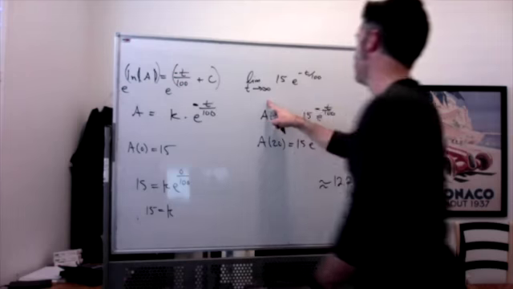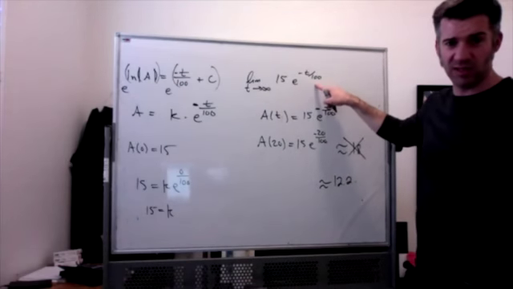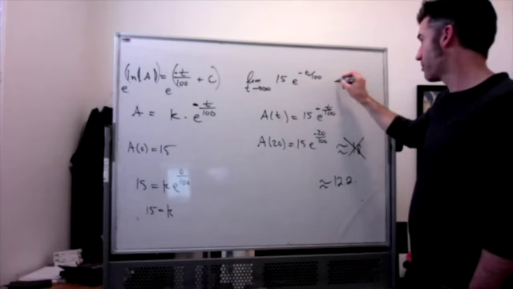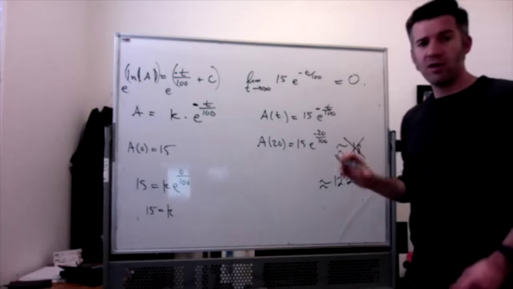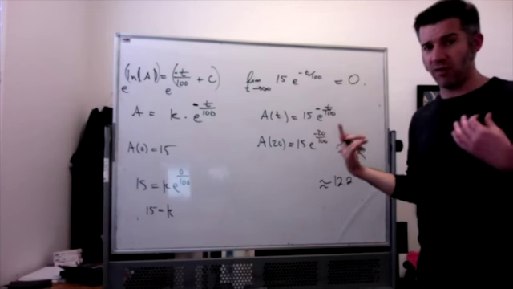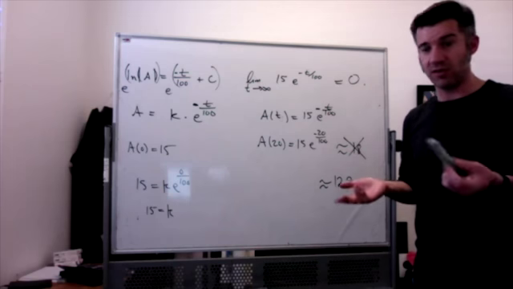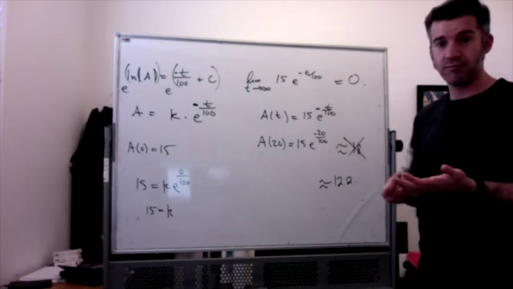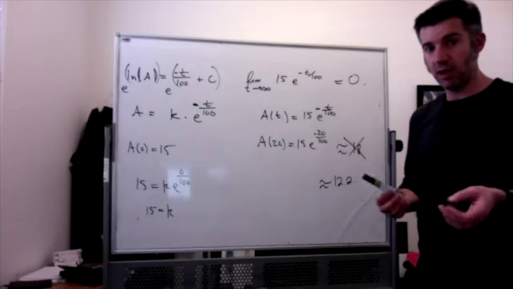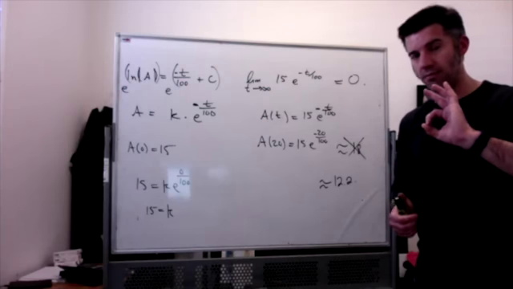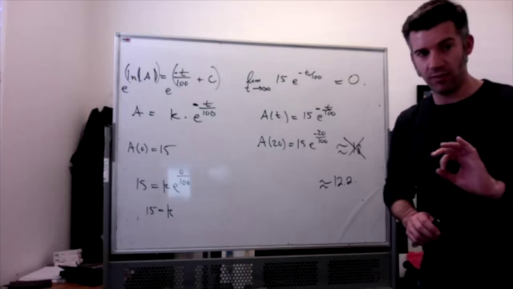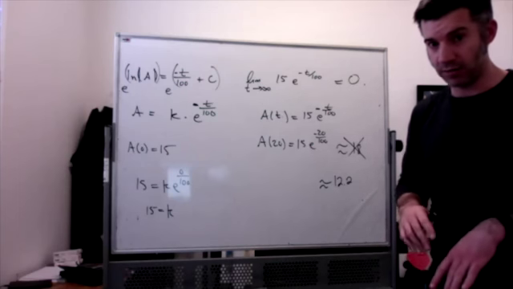As T goes to infinity, you get e to the negative infinity, which is going to go to 0. So if you let time go on forever, eventually the amount of salt in the tank will be 0.